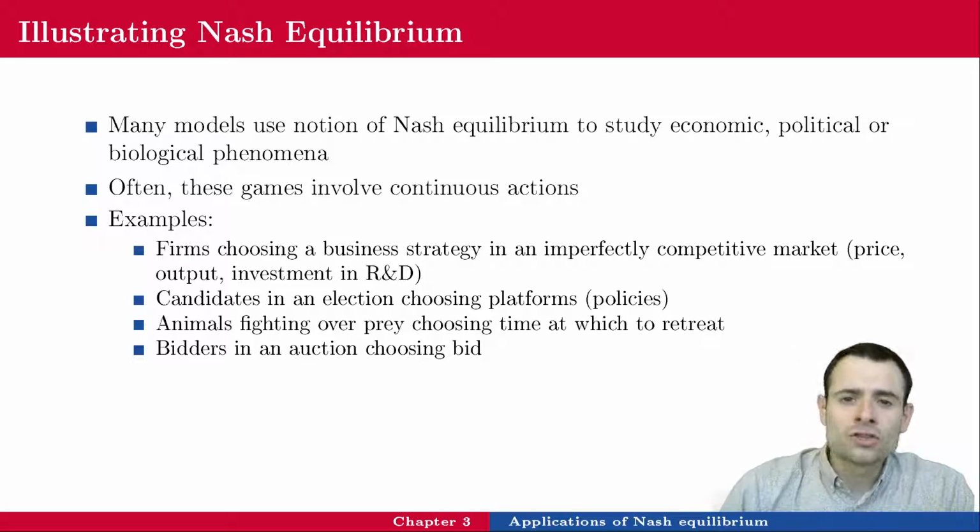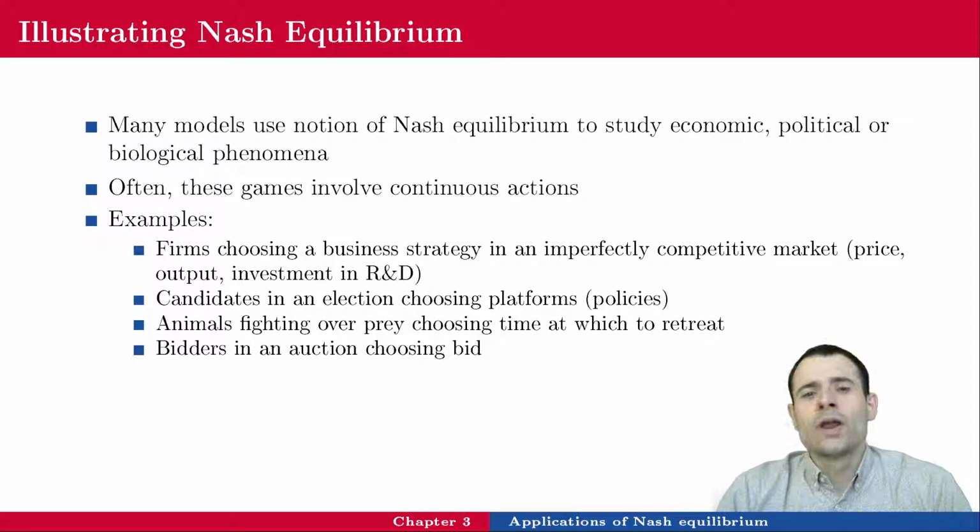There are auctions where you can only submit one bid in a sealed envelope. So everybody submits one bid in a sealed envelope, and the highest bid is going to be the winner. There are some auctions where the highest bid is the winner, but the price paid is the price of the second highest bid. It is called a second price auction.